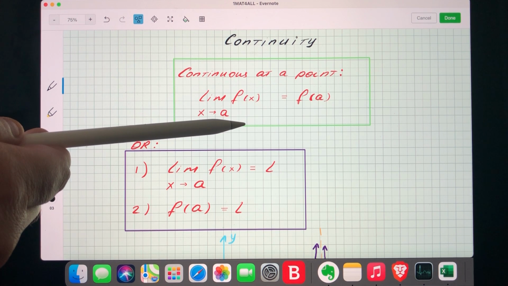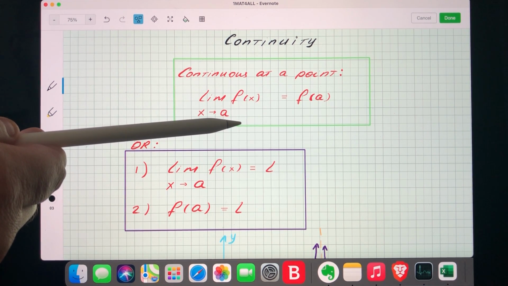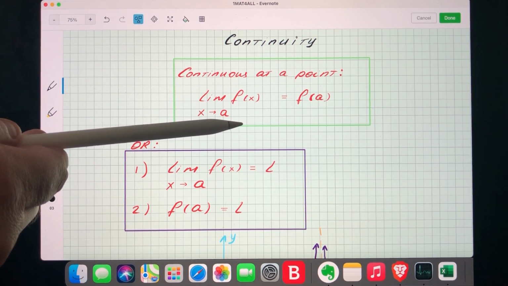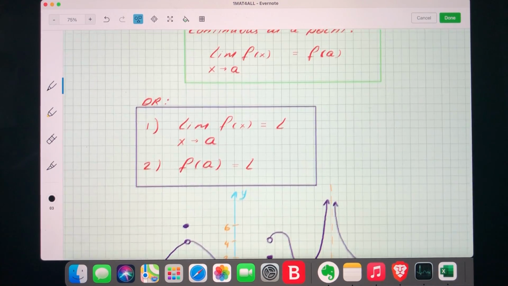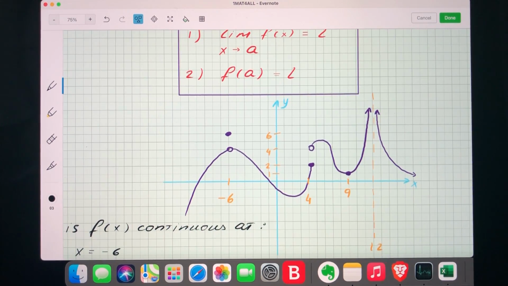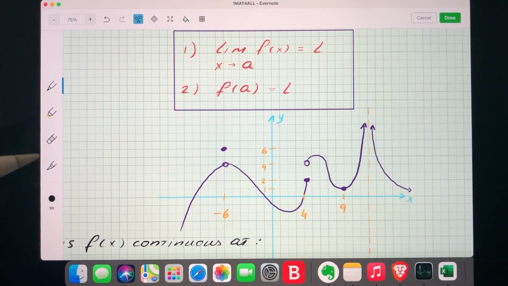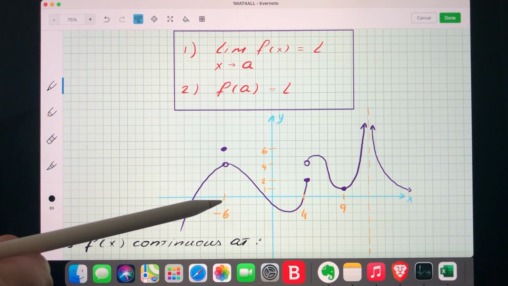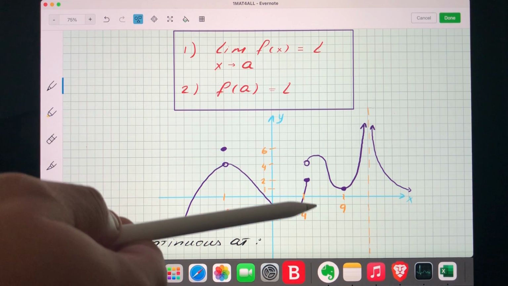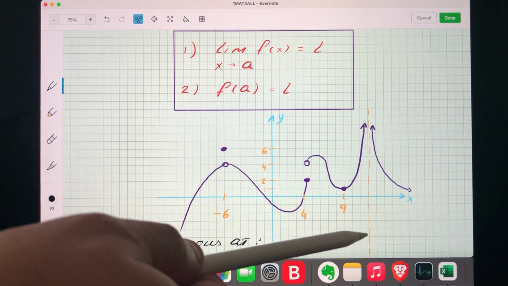And if you cannot do this, if at any point you have to lift off the pencil, then that function is discontinuous at that point. Here is a picture, and we can apply the definition to each one of these points of interest. Here we have four interesting points: -6, 4, 9, and 12.